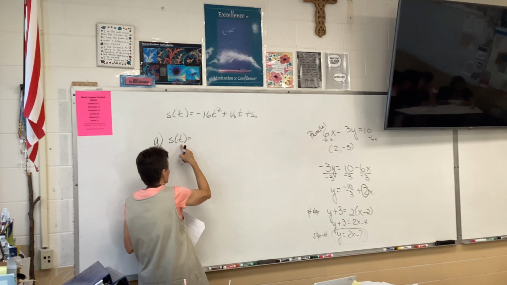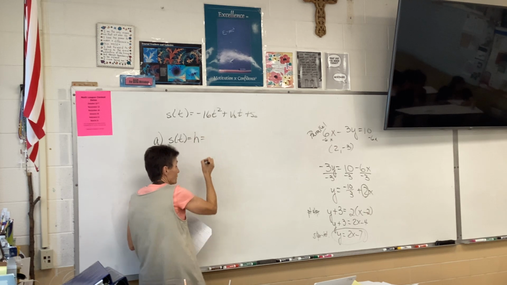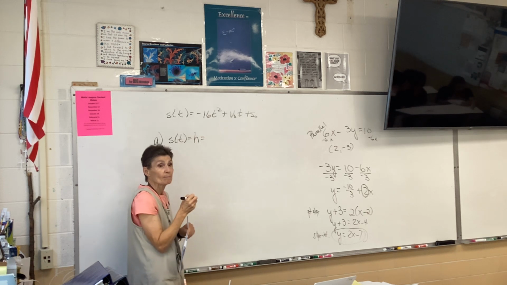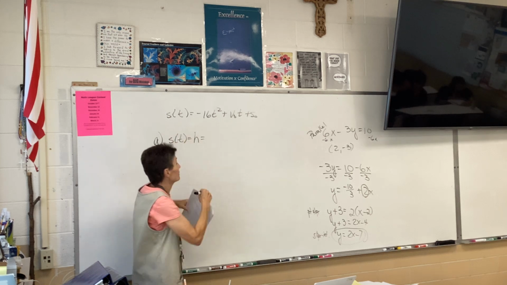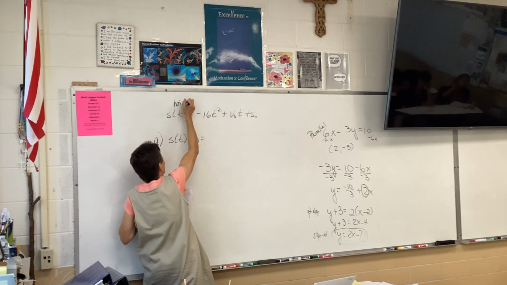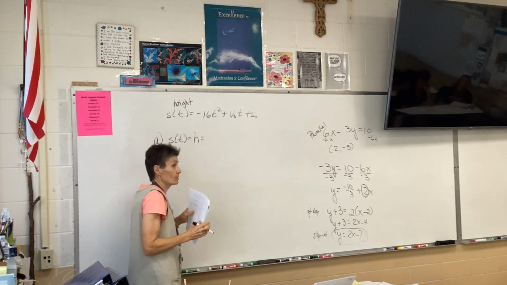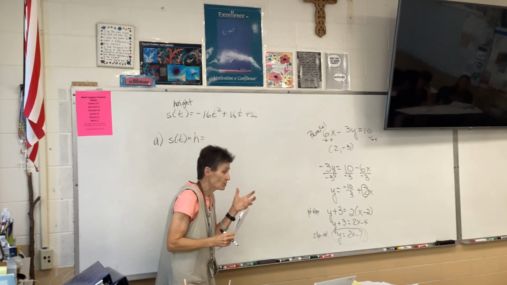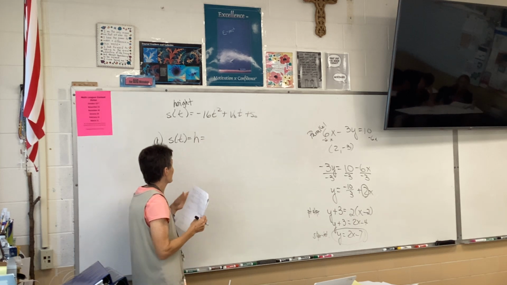If you don't like s and t notation, remember you can always think of it as h, because this is the height. If you are confused by the function notation, think of it as h.